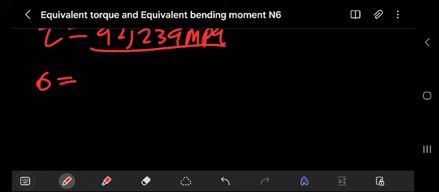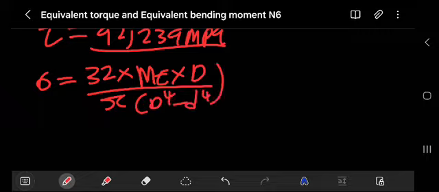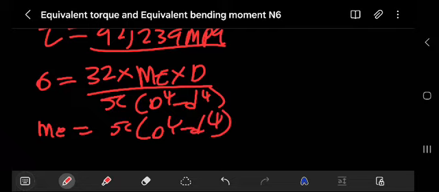Then principal stress, guys, principal stress will be 32 multiplied by ME multiplied by diameter divided by pi times D raised to the power 4 minus d raised to the power 4. From this equation, we know that ME is equal to the principal stress multiplied by pi times D raised to the power 4 minus d raised to the power 4, divided by 32.